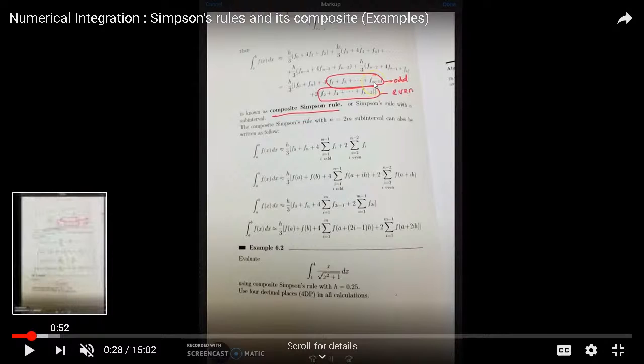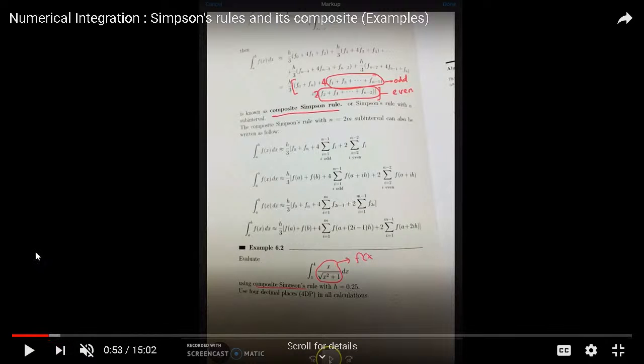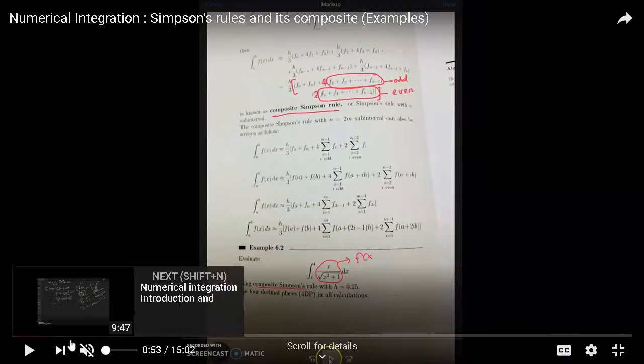I give you the formula: h divided by 3, A plus 4B plus 2C. B is the summation of the odd Fi and C is the summation of Fi, i is even. Now we want to apply this formula to the integral from 1 to 4 of the function x squared plus 1.